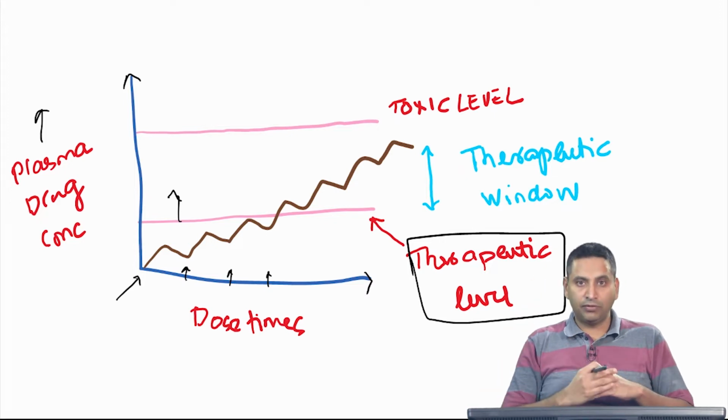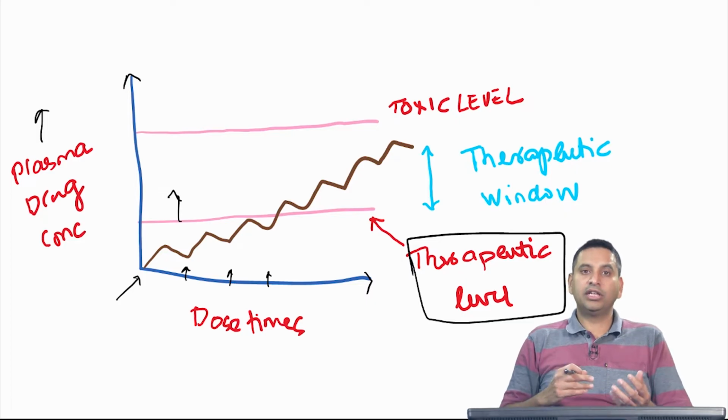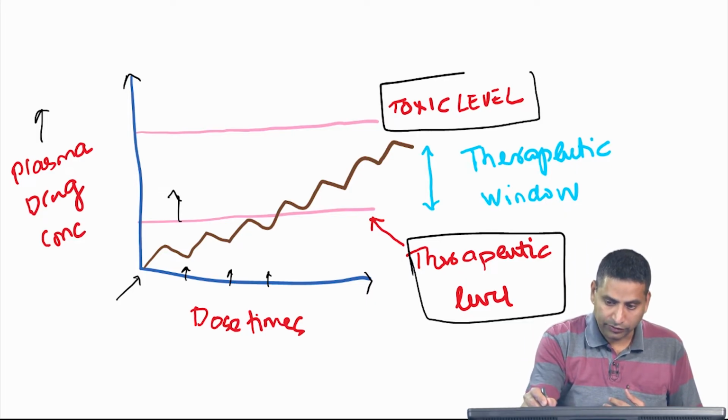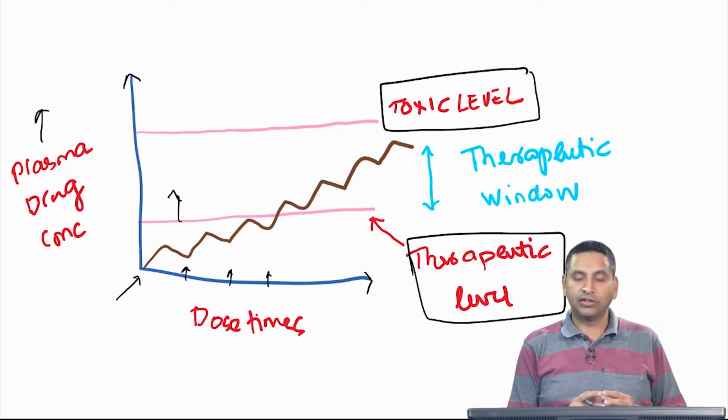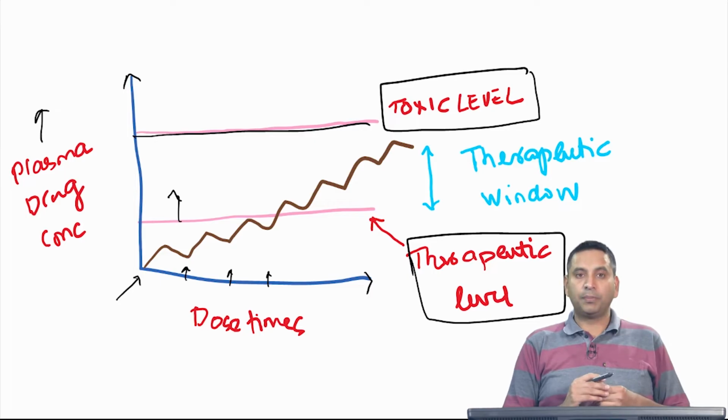Any concentration above that is called the therapeutic level. By the same measure, there is also a dose at which it can reach toxic levels. Most drugs that we take are going to be toxic at high concentrations. So, this top line here is called the toxic level.